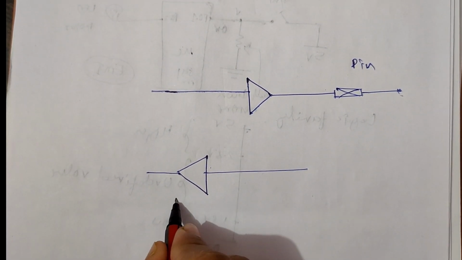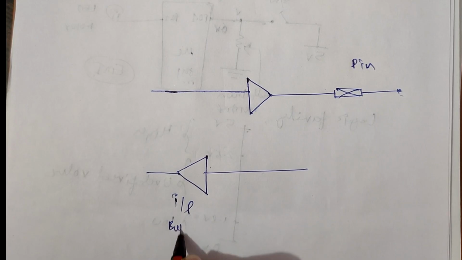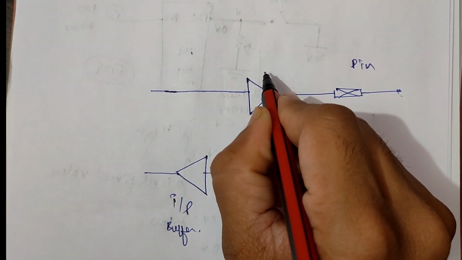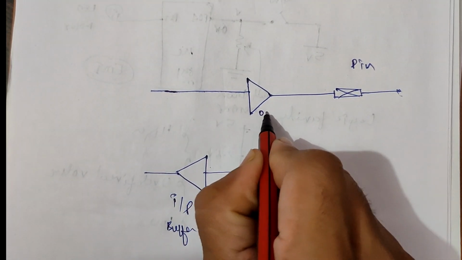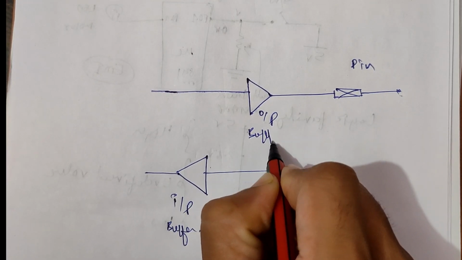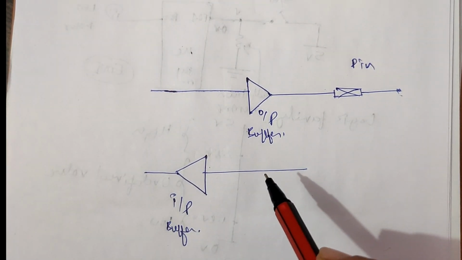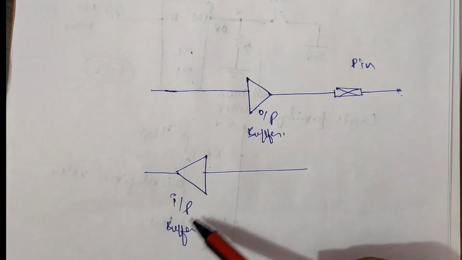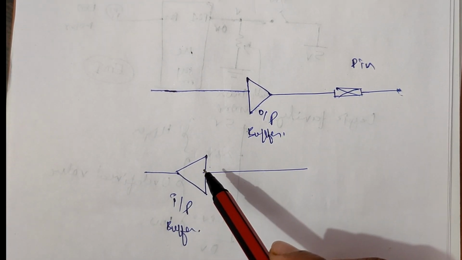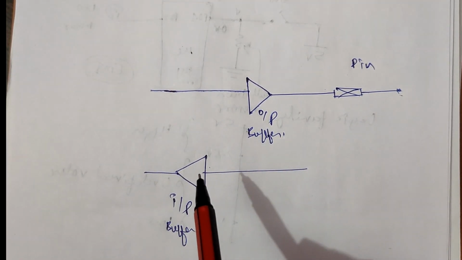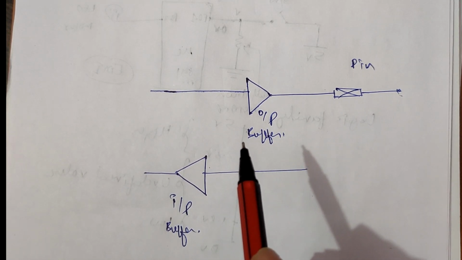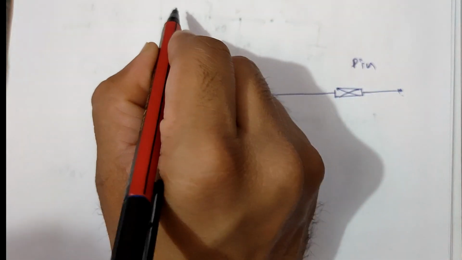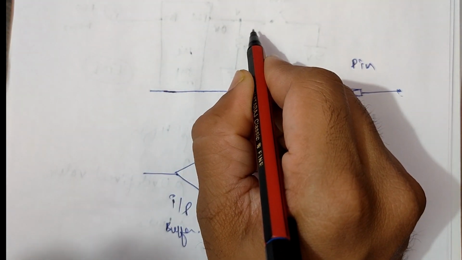I'm writing here pin. This is an input buffer and this is an output buffer. I will also explain what things are inside these buffers. First of all, we are only seeing the basic block diagram of GPIO. I also have an enable line here.